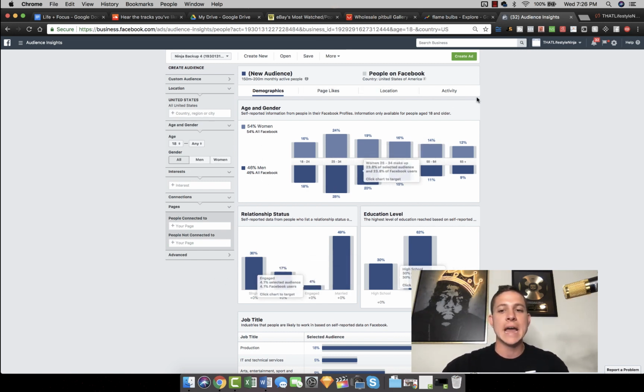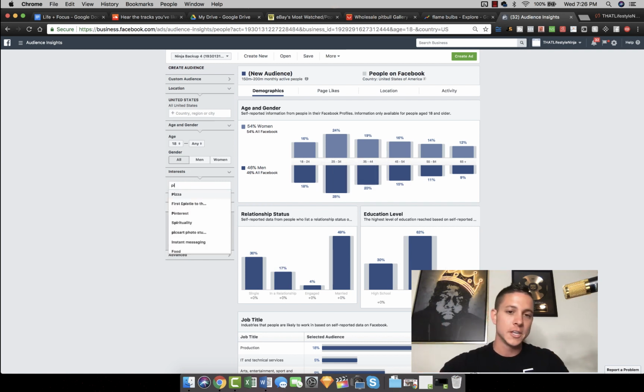So what we see right now is all of Facebook. All of Facebook has 54% women, 46% men. You can get a ton of different demographics and things like that. But what we're going to do is a sneaky little tactic right here. We're going to type in pit bull into interest, and we're not going to choose the wrapper, but there's a ton of pages of pit bull owners who love their dog so much that they create these pages.